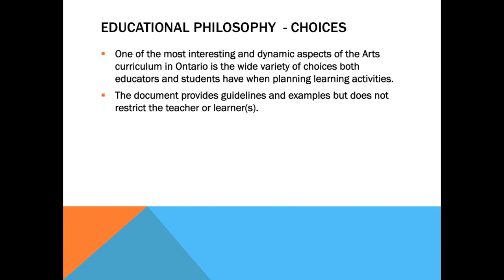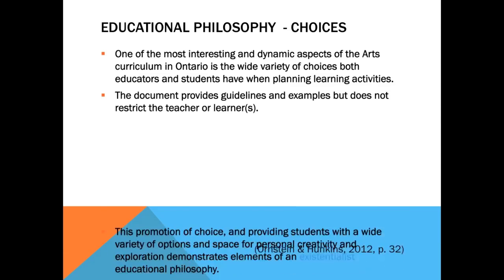So while the document provides the overall and specific expectations, there's a huge range of possibilities for the teacher and students to help further develop their skills in a manner that they find engaging. So there's lots of room for personalization and for making the curriculum work along with your students and for your students. So really helping them foster and learn and grow personally.